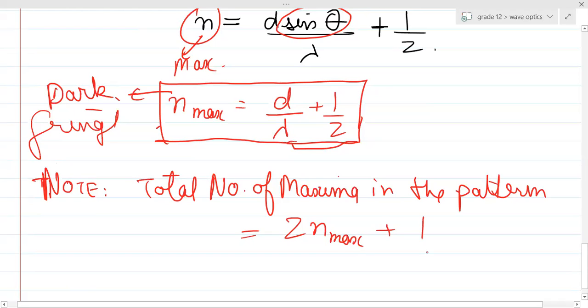Can anyone explain me why? Analyze according to you why it is twice of n max. See, n is the maximum order of the fringes, right? Yes or no?